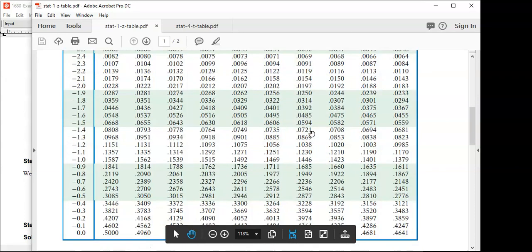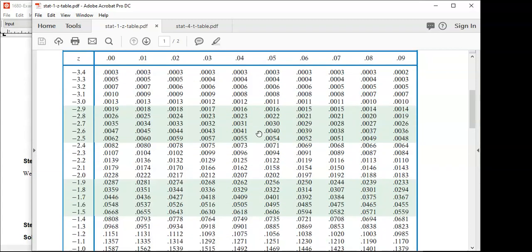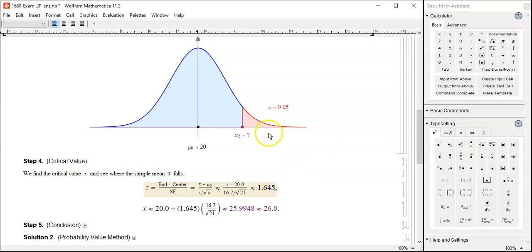And 5% right here, 0.0505 versus 0.0495, so negative 1.64 versus negative 1.65, so negative 1.645, but this one is to the right, so positive 1.645. So that's how we got the Z statistic. Flip this one over to the other side, we get that, and then eventually we have 26. That is my critical value.